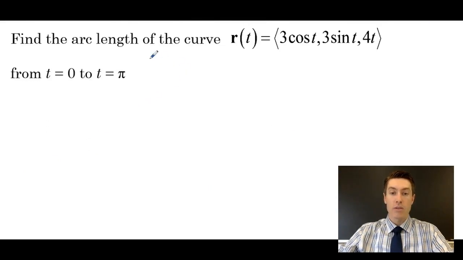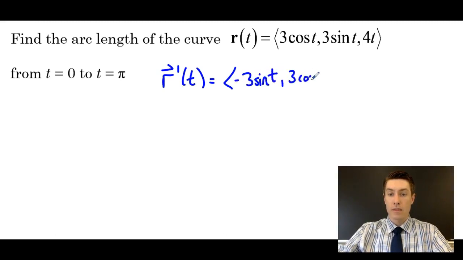So let's look at calculating the arc length of the vector-valued function r of t equals 3 cos t, 3 sin t, 4t, from 0 to pi. First we have to find r prime of t, our tangent vector. That's negative 3 sin t, 3 cos t, and 4.